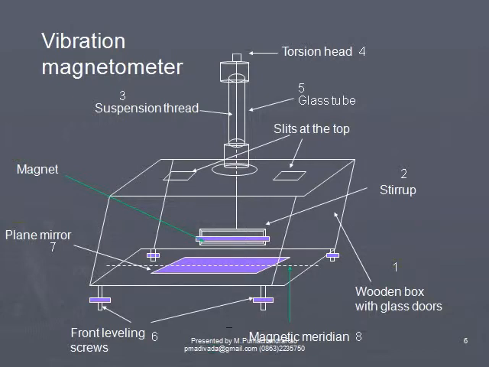It consists of a stirrup. The important part is a stirrup. A stirrup is made up of non-magnetic material and it is meant for placing the magnet. A stirrup is suspended by means of a suspension thread. This thread passes through the axis of a vertical glass tube fixed at the center and top of this box.